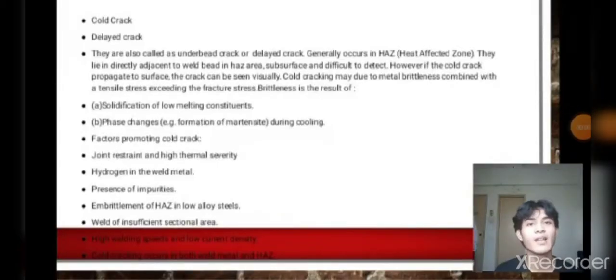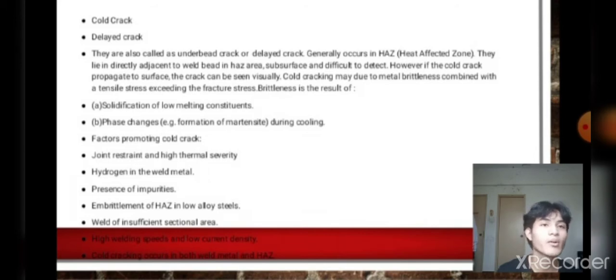Cold crack, also called underbead crack or delayed crack. Generally occurs in the HAZ, the heat affected zone. They lie directly adjacent to the weld bead in the HAZ area, subsurface and difficult to detect. If the cold crack propagates to the surface, the crack can be seen visually.